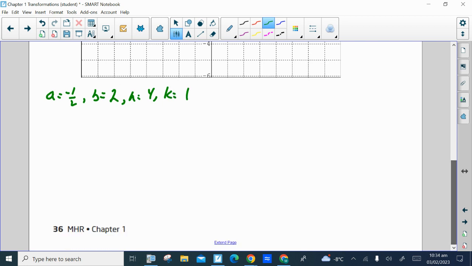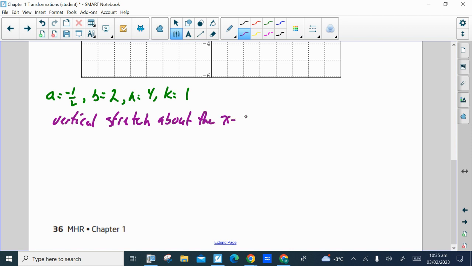So the fact that the a value is -1/2 does two different transformations. The first being, it doesn't matter what order you write them in, but we're going to have a reflection and a stretch. We will have a vertical stretch about the x-axis by a factor of 1/2.